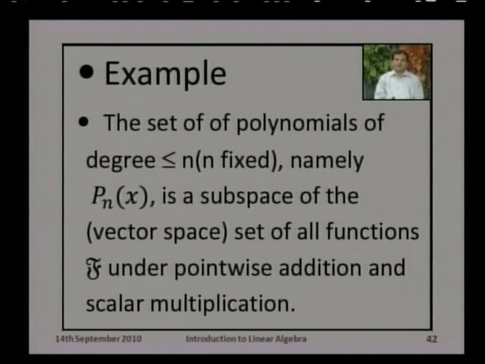Let us come to the next example of a subspace. The vector space Pn(x) we have already discussed, and actually it is a subset of the set of all functions f, which is a vector space, and it can be verified that this Pn(x) is a subspace of the vector space of all functions f under point-wise addition and scalar multiplication.